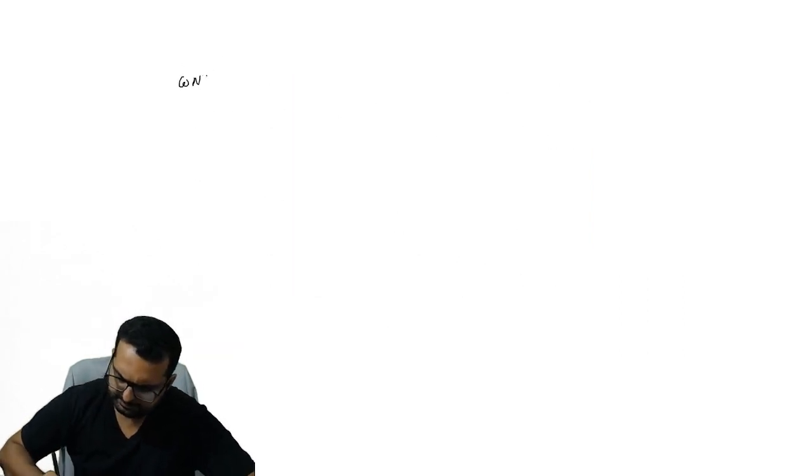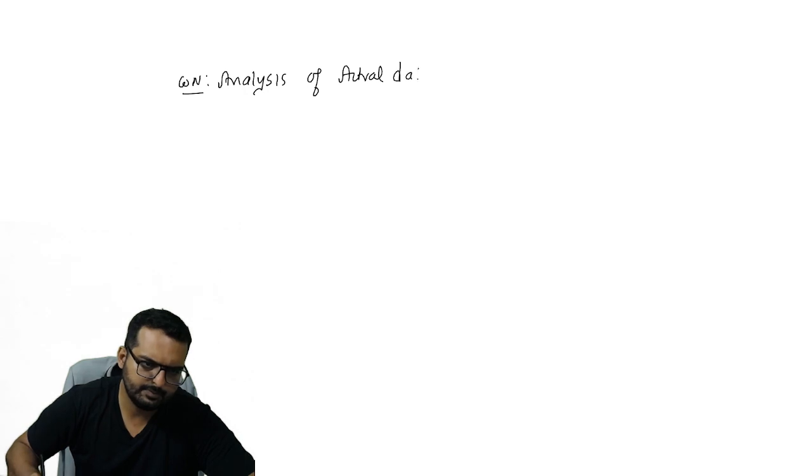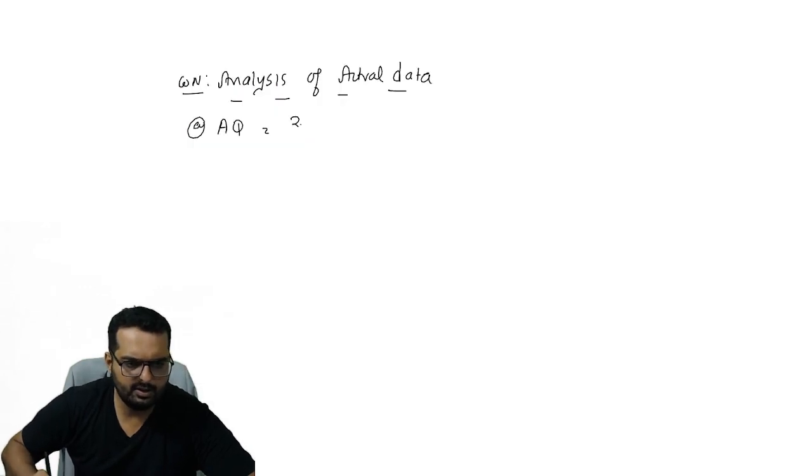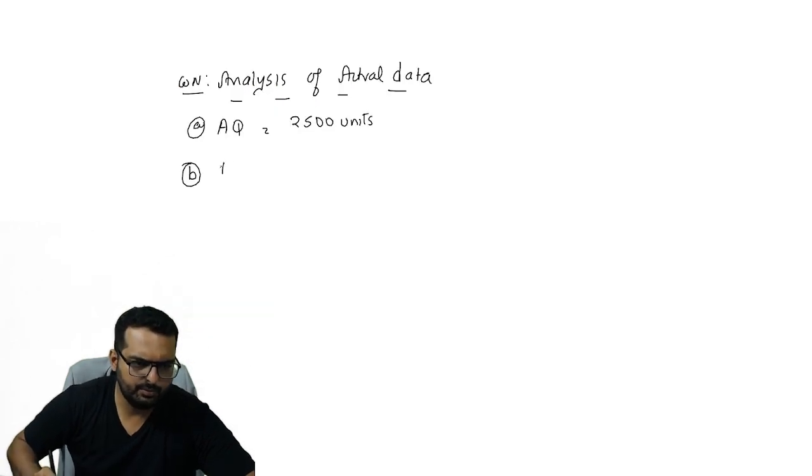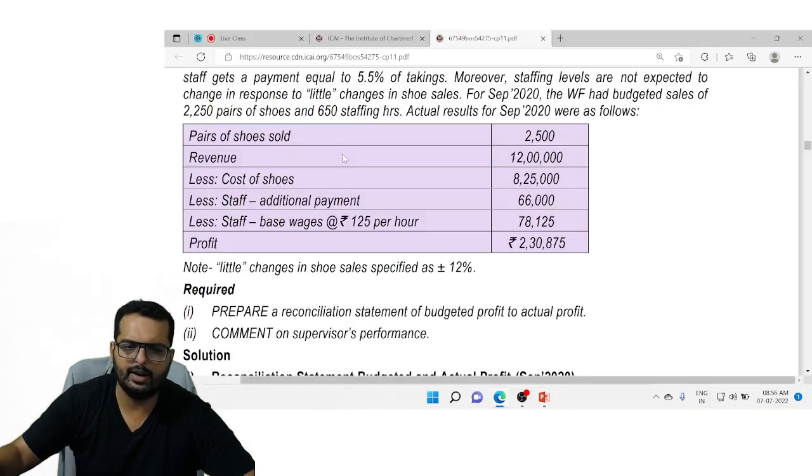So I'll just write down the next working note. Analysis of actual data. Point number A will be actual output, AQ. That is turning out to be 2500 units. Point number B, revenue. Revenue per shoe we can find out.